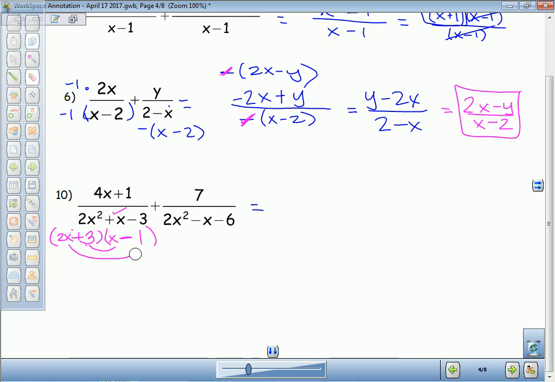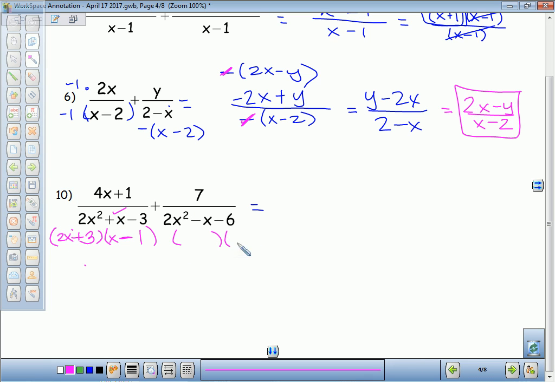Okay? So let's go back over that method of factoring in this second bunch. We need a 6 though. So to get 6, we can do 1 and 6 or 2 and 3.